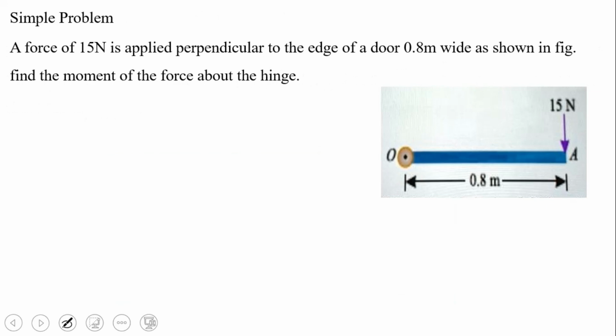It's a simple problem. Let me explain. A force of 15 Newton is applied perpendicular to the edge of a door 0.8 meter wide, as shown in the figure. Find the moment of the force about the hinge. So we want to take moment about this hinge point O. How much force did we apply? 15 Newton, and the perpendicular distance between this force and the point where we want to take moment is 0.8 meter.